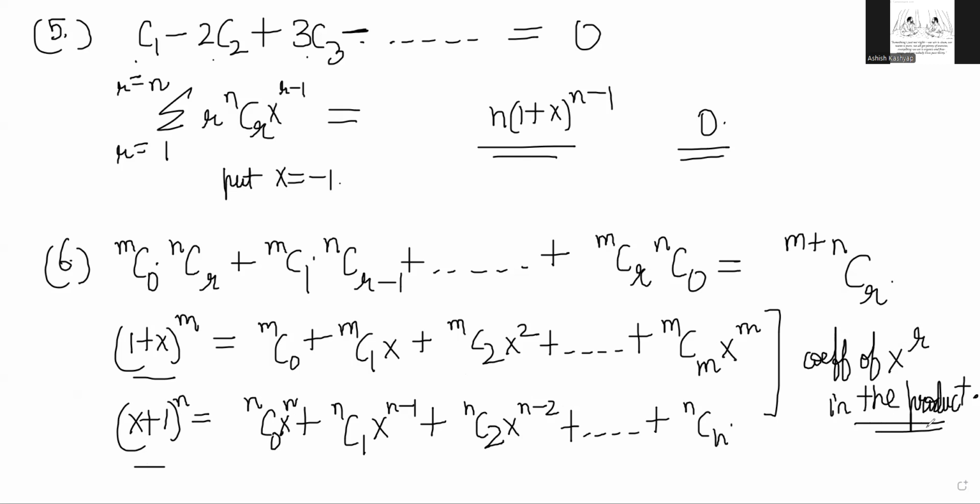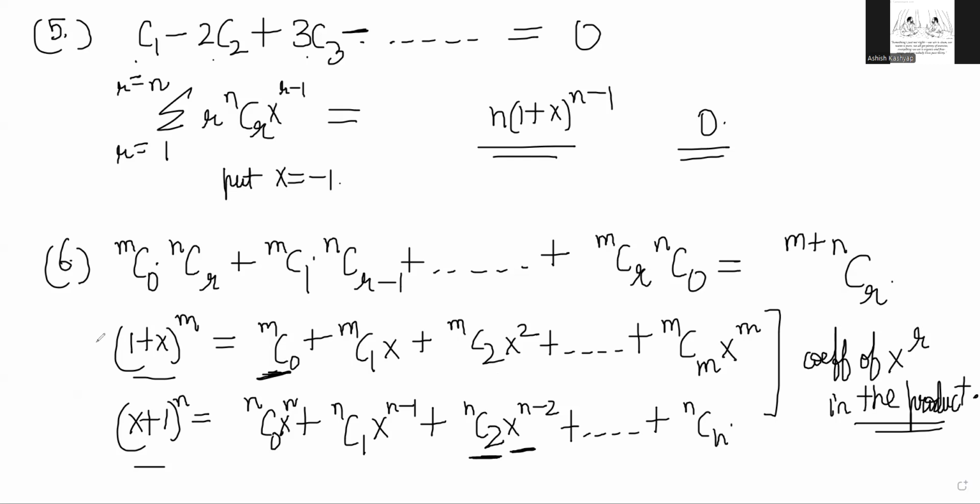So take one series as the normal series and take the other series as a reverse series, (x plus 1) power n, and find the coefficient of x power r. So x power r will come when you do x power n minus r here. So nCr and mC0, it is actually the coefficient of x power n minus r that we can take, right? nC0 times nCr becomes the coefficient of x power n minus r.